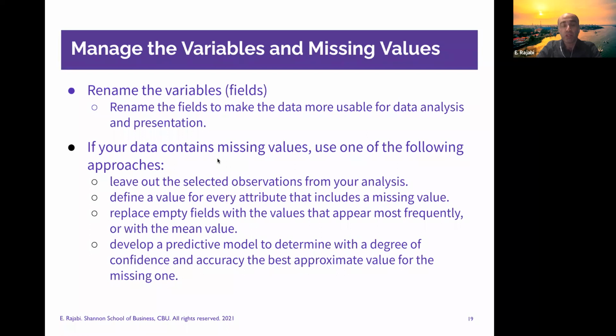We gather some data from surveys or other sources, but we have missing values. There are several approaches that we can take to address missing value issues. We can leave the data as it is. Sometimes 10% of the data is missing, so we leave it as it is. Sometimes we define a default value for every attribute that includes missing values.